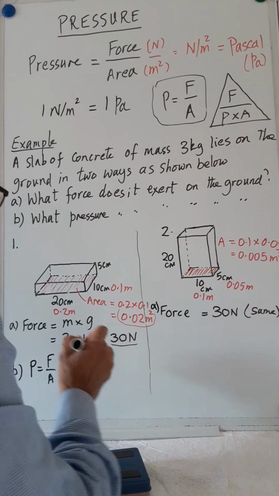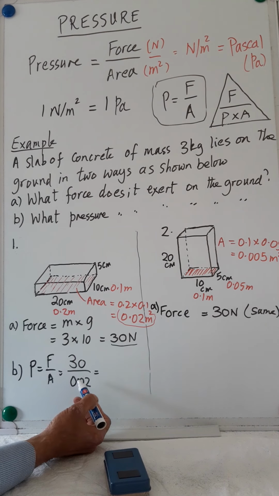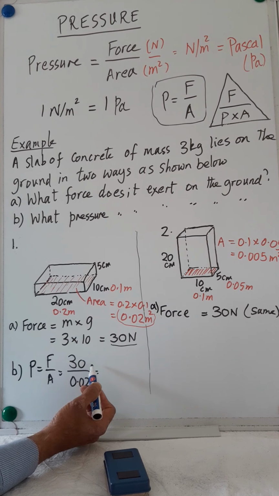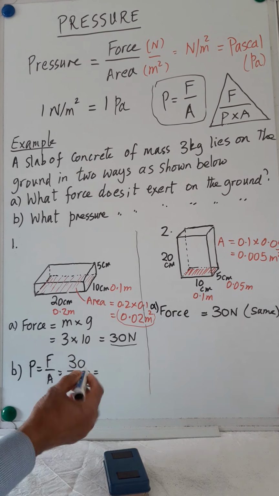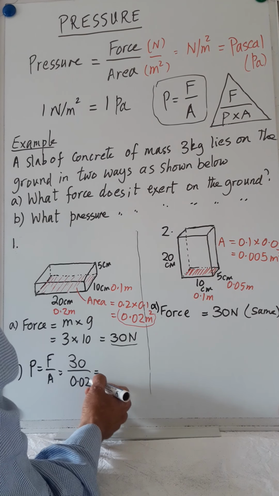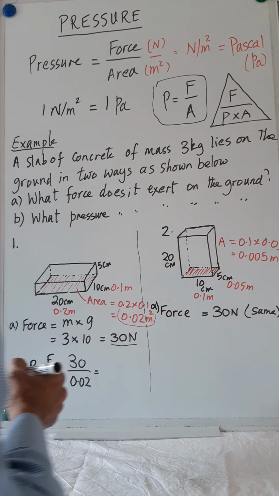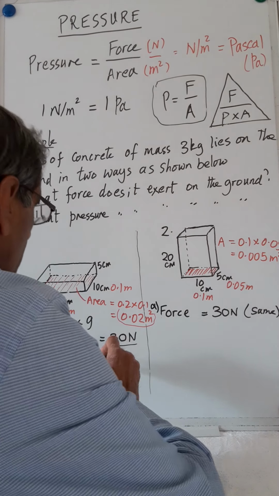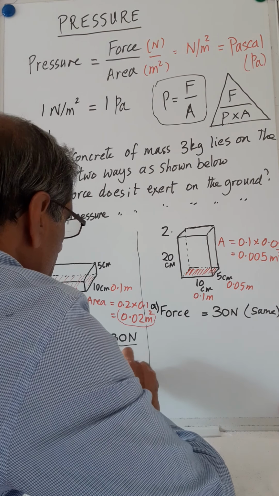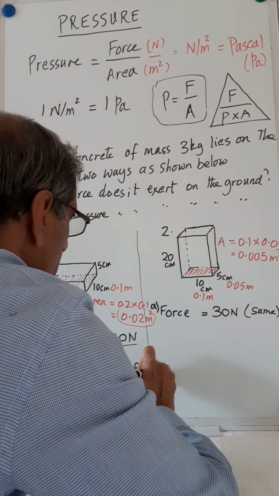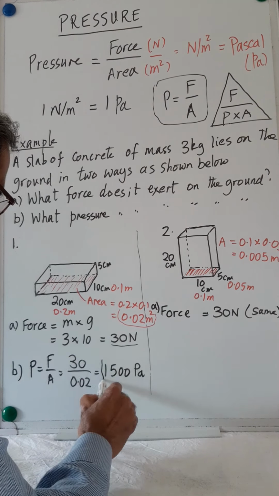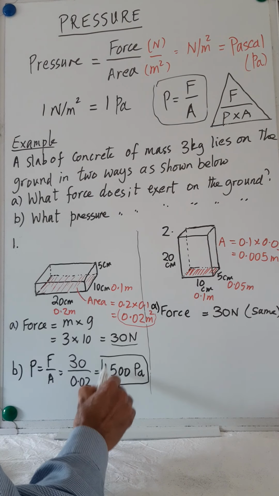So if we multiply the top and bottom by 100, that's 3,000 divided by 2, which is 1,500 pascals. Okay, so the pressure it exerts on the ground is 1,500 pascals.